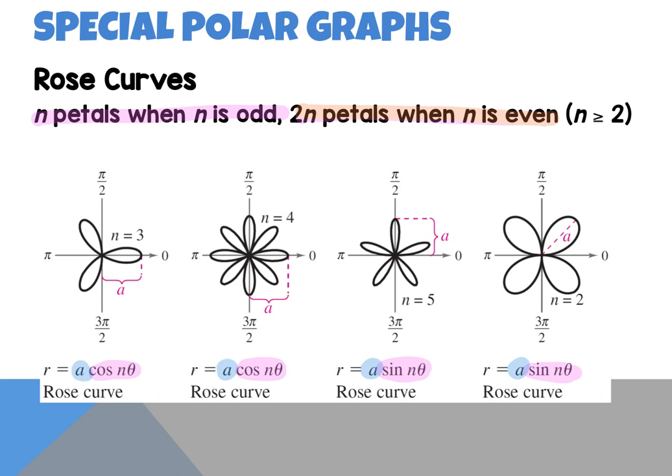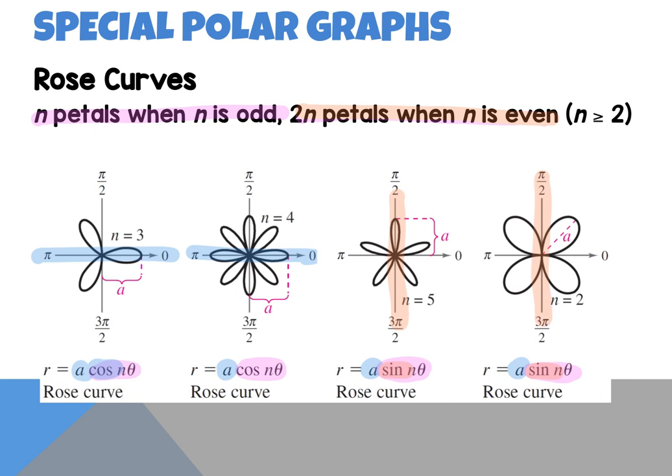Then you're still going to use symmetry. If it's got cosine in it, it's symmetric to the polar axis. So all of these would be able to fold top to bottom. If it's got sine in it, then it's symmetric to the pi over 2 line. So these would all be able to fold sideways.